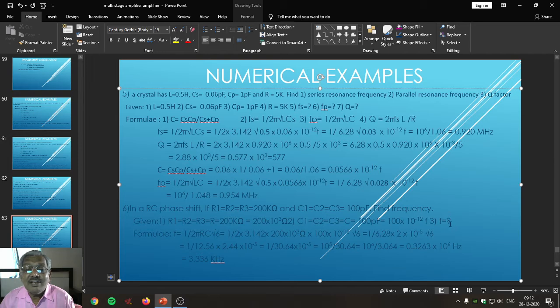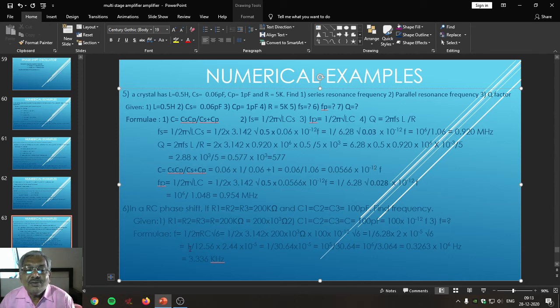So we have to calculate F. The formula for the phase shift oscillator to calculate the frequency is F equal to 1 upon twice pi RC square root of 6. Put the values: 1 upon 2 into 3.142 into 200 into 10 raised to 3 into 100 into 10 raised to minus 12 into root of 6. It comes to be 1 upon 6.28 into 2 into 10 raised to minus 5 into root of 6.